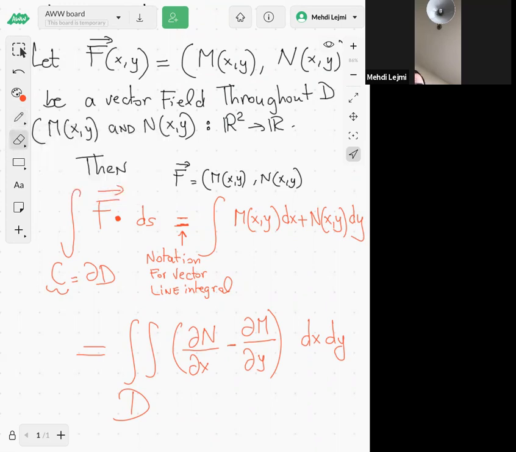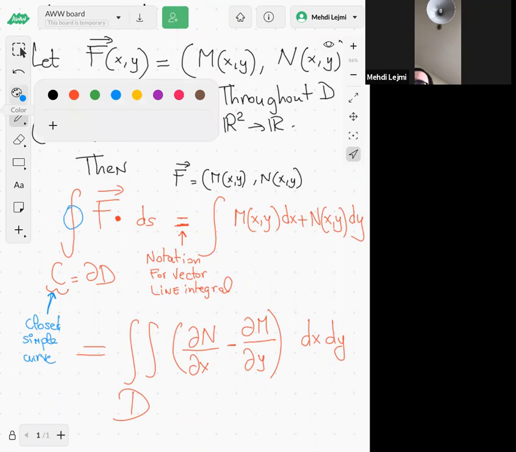Guys, remember we said this curve C, which is the boundary of the region D, is supposed to be a finite number of closed simple curves. When you integrate along a closed curve, there is a notation: you add a sort of circle on the integral symbol.